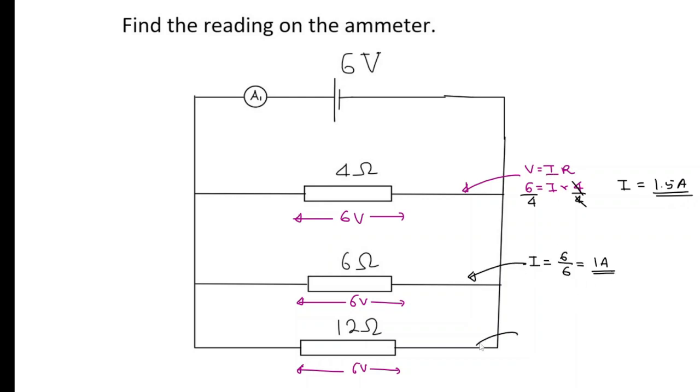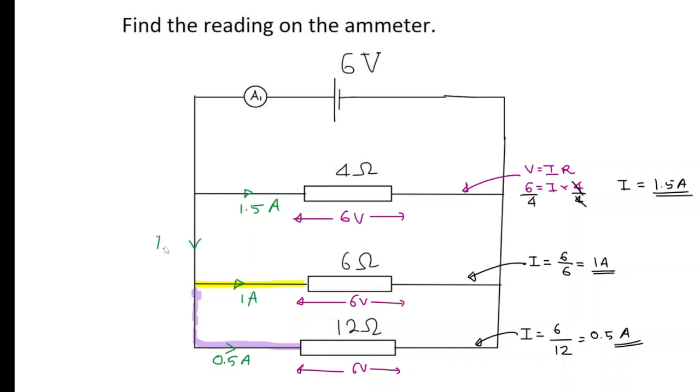Now, I can do the same thing for this one, exactly the same thing. Now let's mark the current on each branch. So we know this is 0.5 amps, and we know this is 1 amp, and we know this is 1.5 amps. Now, if the current in this branch here is 1 amp, and the current in this branch here is 0.5 amps, obviously the current in the branch above it must be the sum of 1 and 0.5.